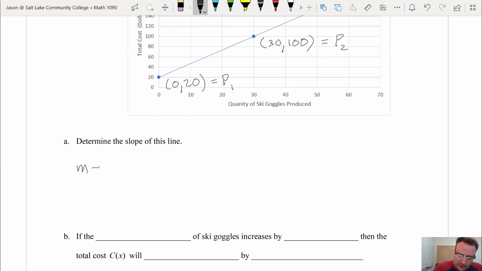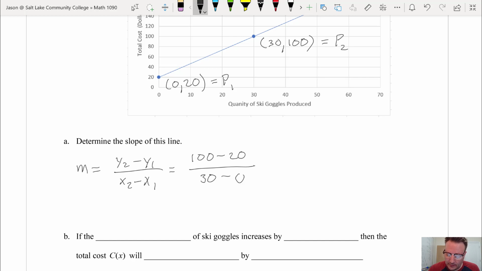Okay, so then m is going to equal the ratio of the change in y to the change in x. I'll write out the formula: y2 minus y1 over x2 minus x1. So y2 is 100, y1 is 20, x2 is 30, and x1 is 0.